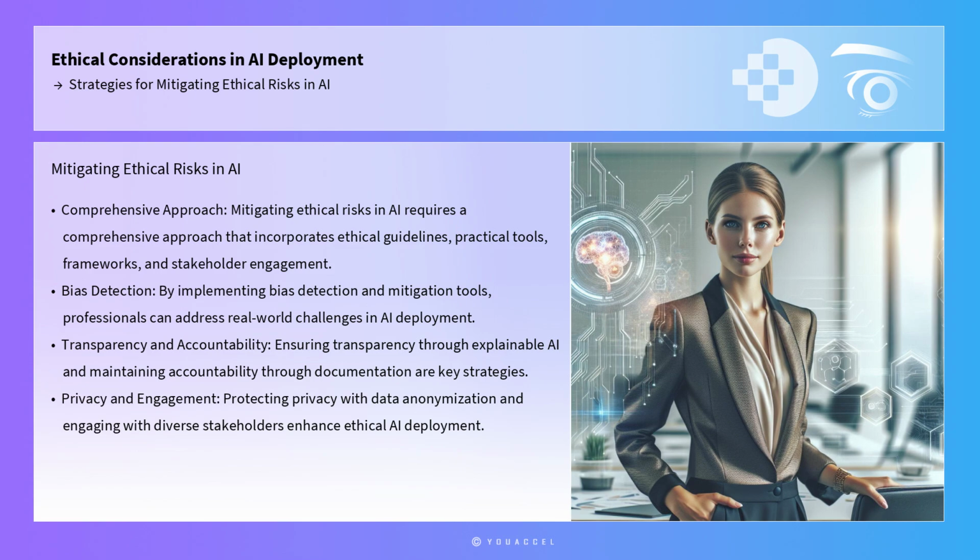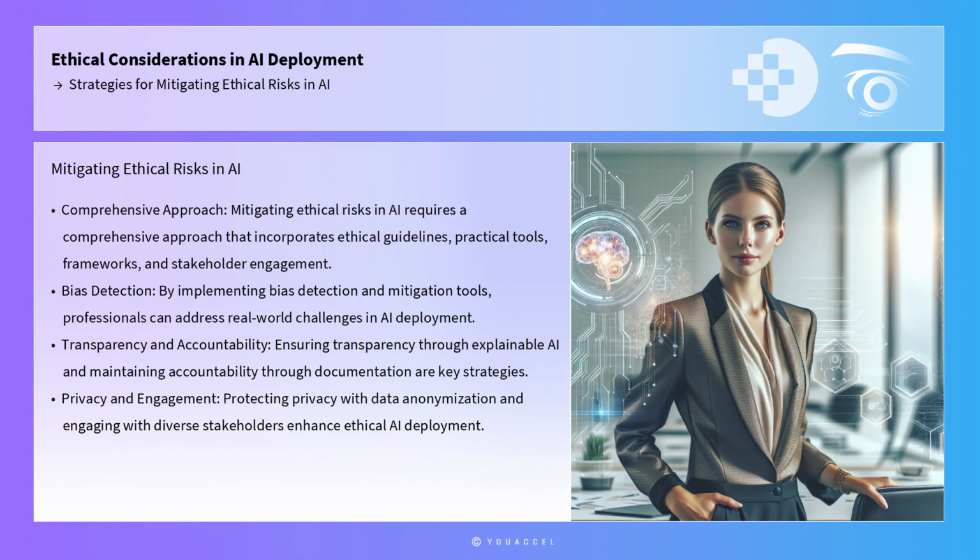In conclusion, mitigating ethical risks in AI requires a comprehensive approach that incorporates ethical guidelines, practical tools, frameworks, and stakeholder engagement. By implementing bias detection and mitigation tools, ensuring transparency through explainable AI, maintaining accountability through documentation, protecting privacy with data anonymization and differential privacy, and engaging with diverse stakeholders, professionals can address real-world challenges and enhance their proficiency in ethical AI deployment.